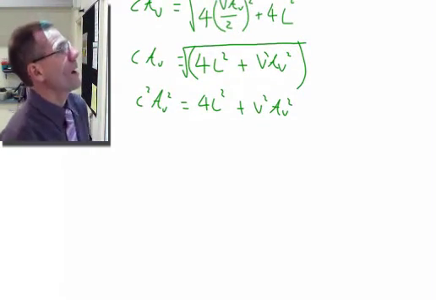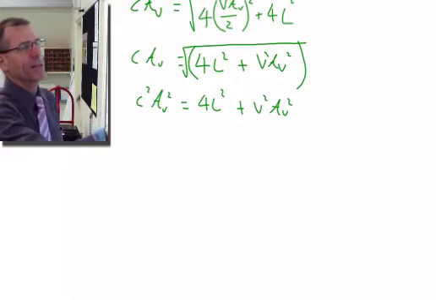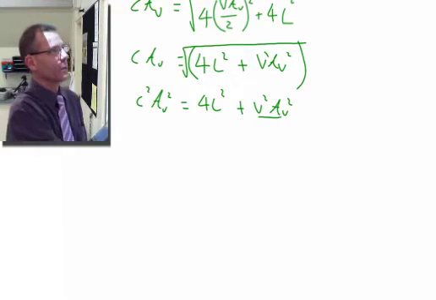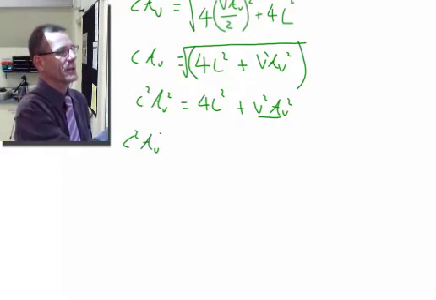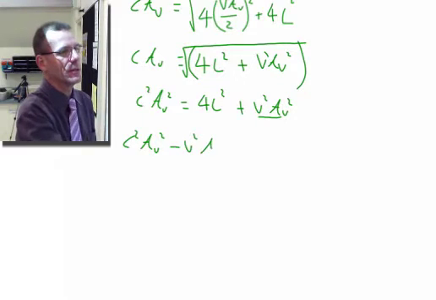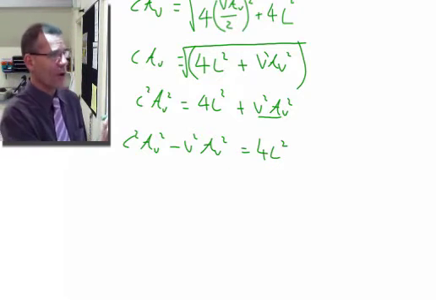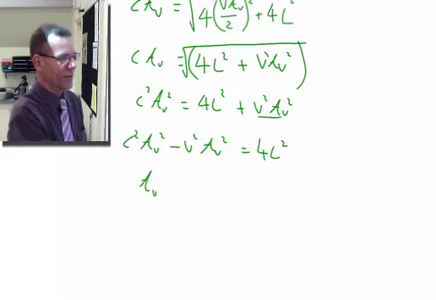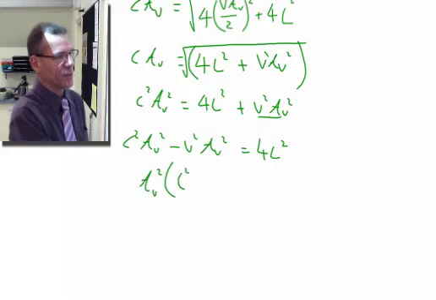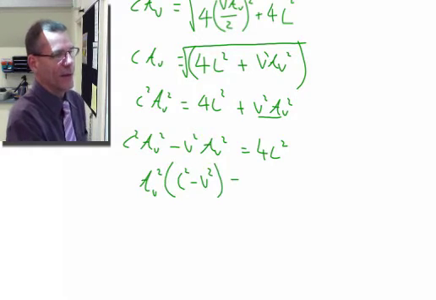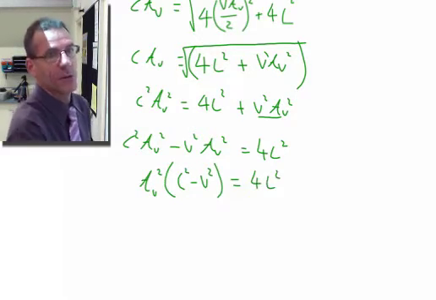Okay, let's keep working our way through this one here. Let's take this term over to the other side, so we've got c squared tv squared minus v squared tv squared equals 4l squared. Let's take out the common factor of tv squared outside of c squared minus v squared equals 4l squared.